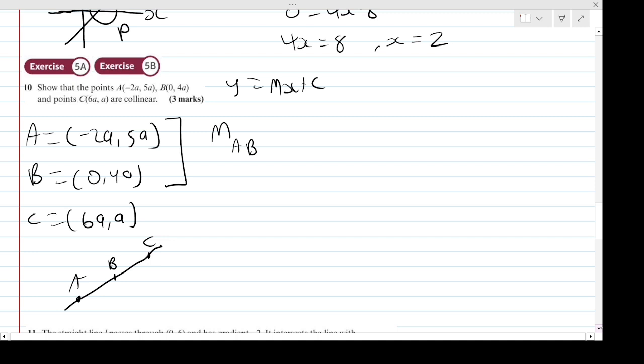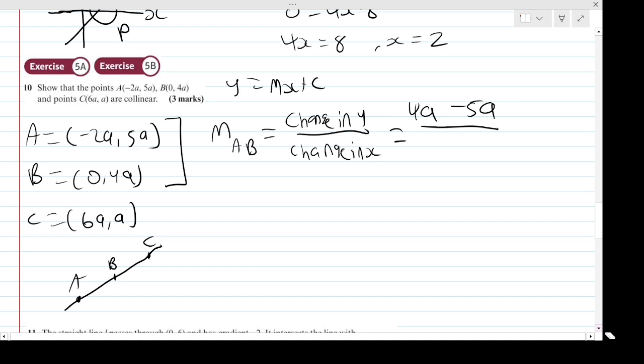I'm going to work out the gradient between A and B, which is the change in y over the change in x, as we discussed earlier. For the change in y, I'm going to take B first. The y coordinate of B is 4a. A is algebra, but don't worry, we do the exact same thing with letters as with normal numbers. So we have 4a, take away the other y value, 5a.